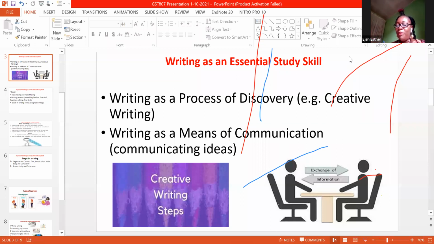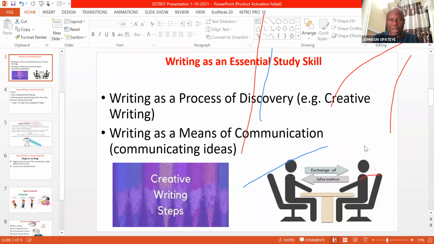Then also learning by doing. For example, if I carry out any practical in the lab, it stays in my memory more than when I read it from the book, because I practicalize it, so I understand better. That is the little I want to contribute.